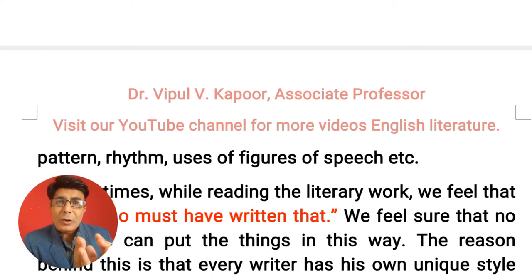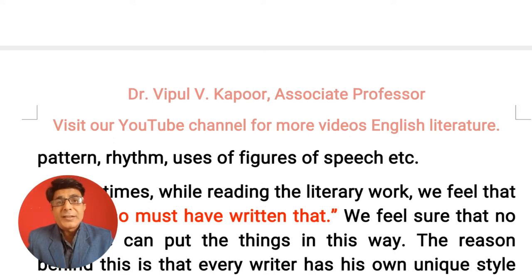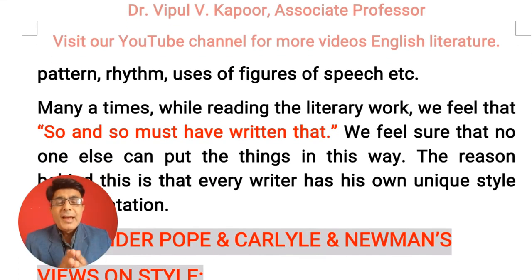Like one particular author likes to use simile and metaphors much. Another particular author likes to use some other figures of speech like personification and hyperbole. So he has his own style and the other author has his own style. So everyone has a different style through which we know him, right?